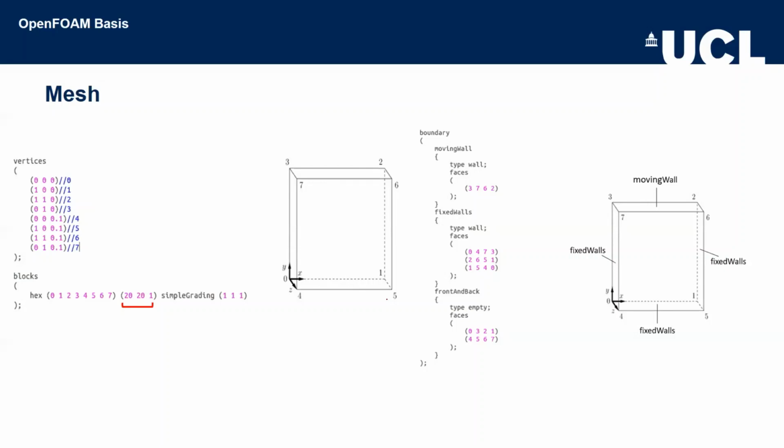And this tells us this is a 2-dimensional problem. We can only put 1 cell in the inactive directions. Therefore, the total domain will be divided into 20 times 20 times 1, which equals 400 cells.